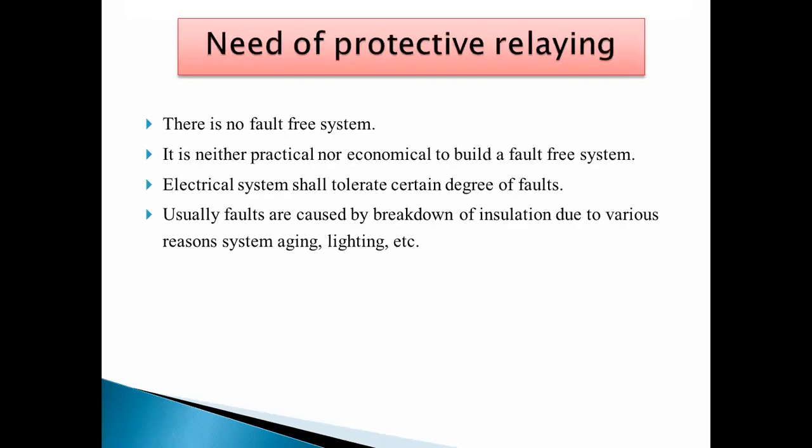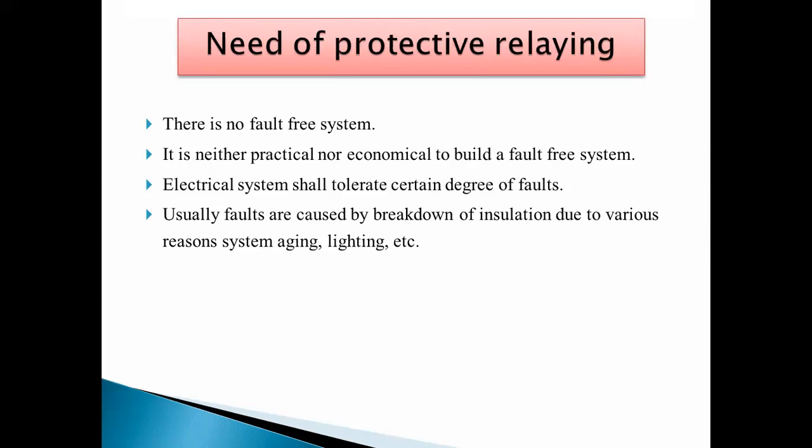Okay. So why are we using this relay? Because in our power system there are a number of faults occurring, and if a fault occurs, then the whole system gets stopped. Means the supply to the consumer will get stopped, right? That's why it is necessary to detect that fault.